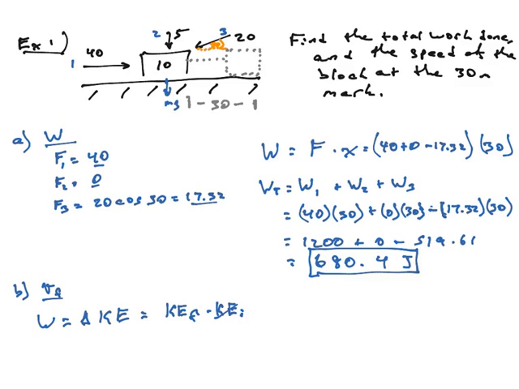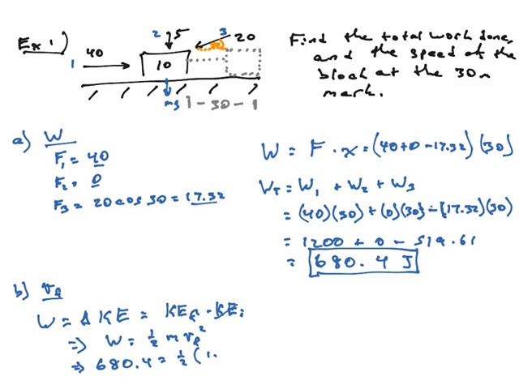So all I have is kinetic final. So my equation becomes work equals 1/2 m v final squared. There we go. That's what I want to solve. And what I want to solve for, V final. I want to know what's the velocity of my block. So I can plug my numbers in. Work, I just calculated the work. It's 680.4 equals 1/2.